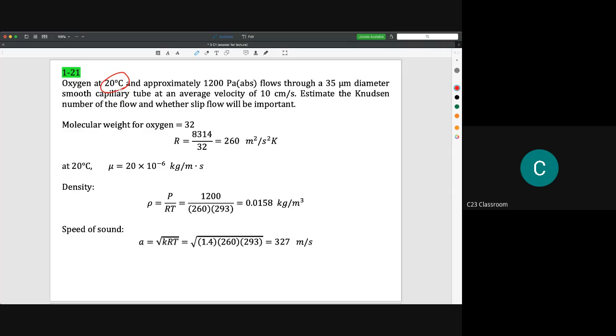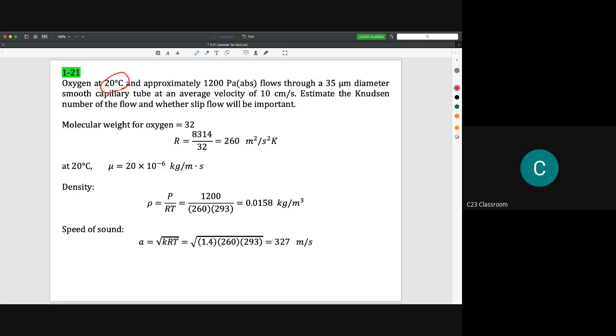If you calculate very specifically, it is not okay. In the previous question I gave you a hint on how to calculate for gas with a different temperature, different gas, different density, and so on. If you want to calculate it very precisely, you need to make sure your properties suit the condition.